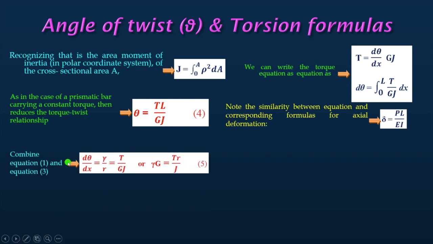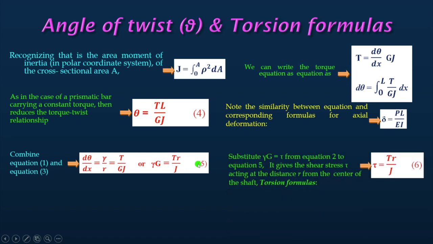Then combine equation 1 and 3. We can write down d theta by dx, gamma by r equals T by G, or gamma G equals Tr by J. Then just substitute gamma G equals tau, and we are getting tau equals Tr by J. Means the shear stress produced equals torque into radius divided by polar moment of inertia.